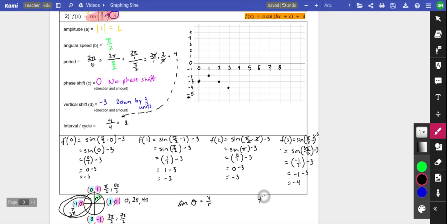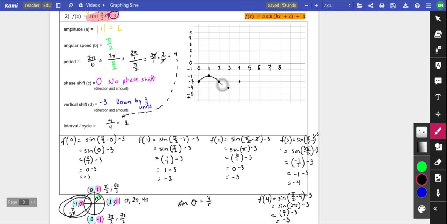Remember that f of 4 would be a whole turn around the circle. So we get sine of 2 pi minus 3. 2 pi is 0 over 1 minus 3. That gives us -3.